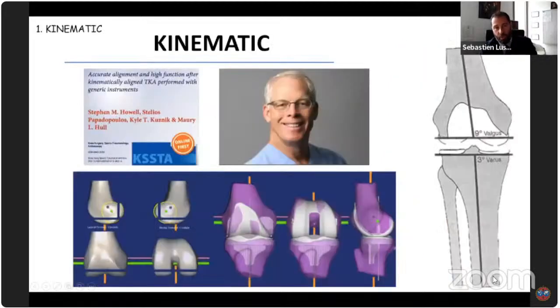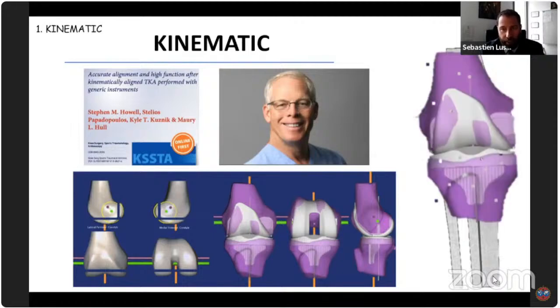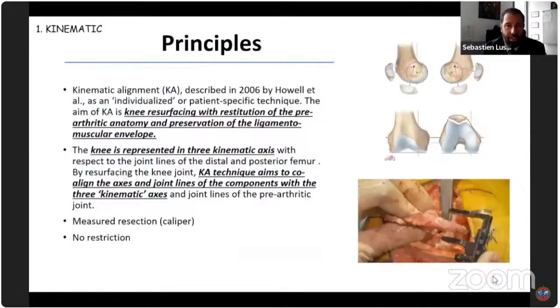The first one, of course, and a lot of credit to Stephen Howell, is the kinematic alignment technique, described with only a caliper to measure the cut, a pure resurfacing of the knee. So for Stephen and all the surgeons following his philosophy, they want to maintain exactly the bony anatomy, especially the femur has to be exactly similar.